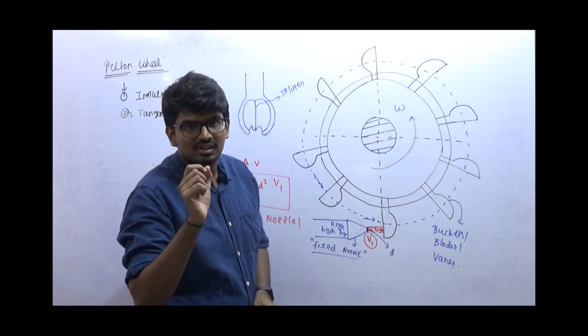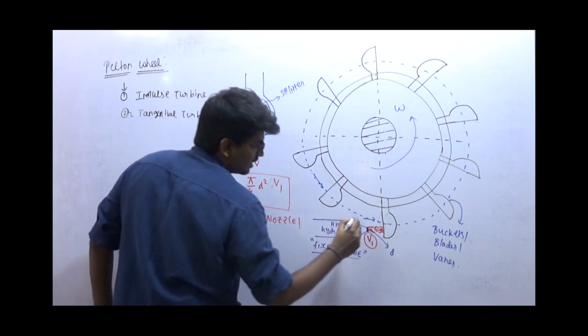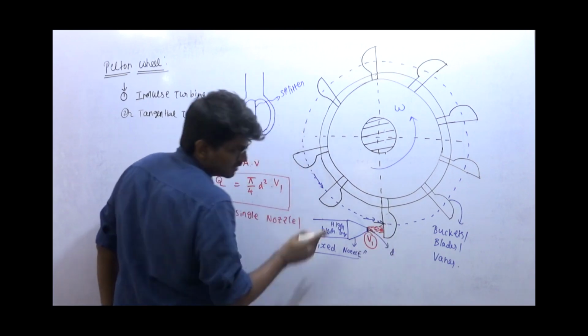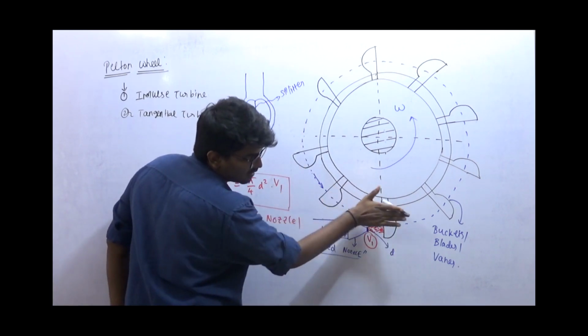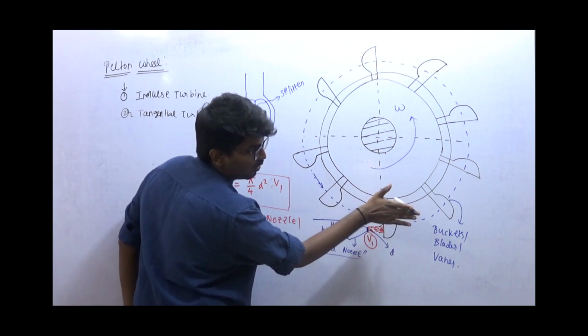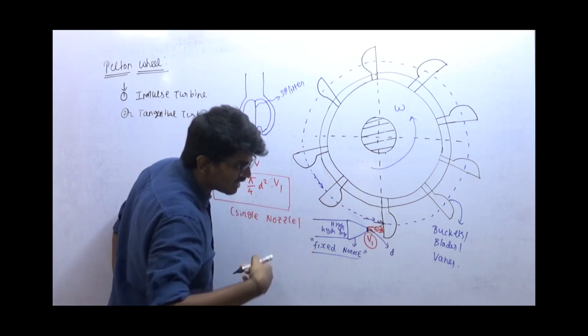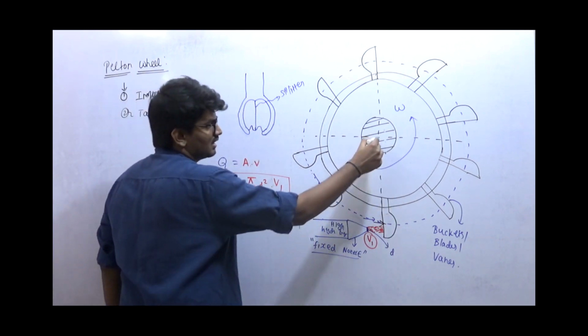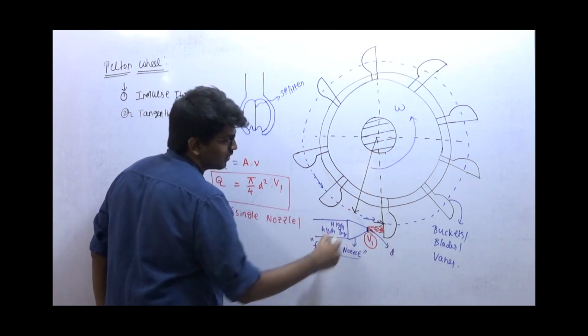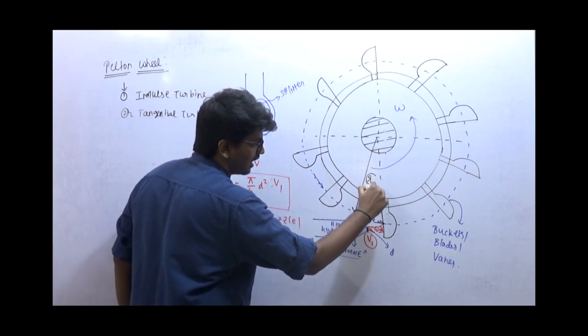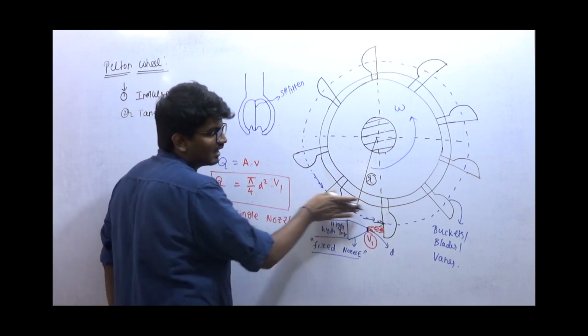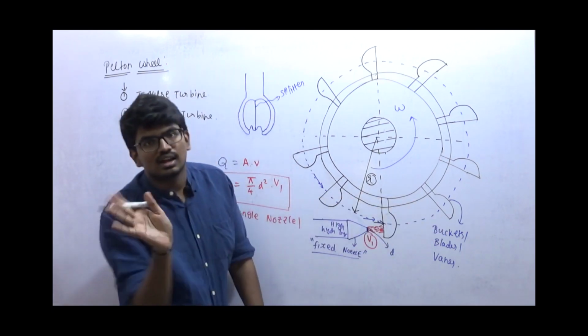Carefully see. It is entering at some radius. It flows over the vanes and comes back at the same radius. That is what I have taken as the pitch circle diameter or pitch circle radius. So it is entering at R and leaving at R only.